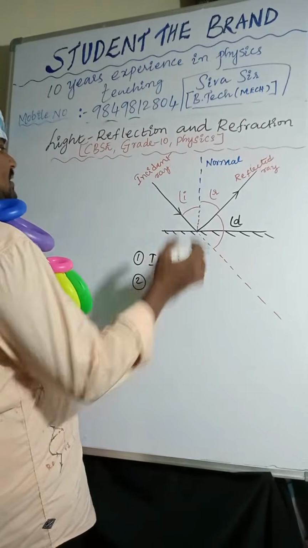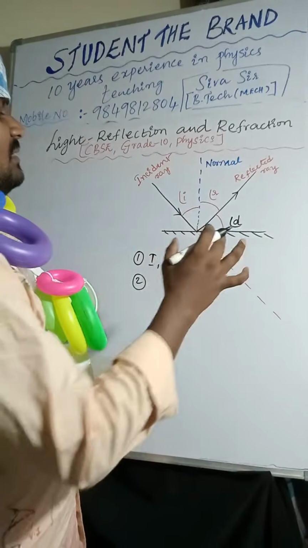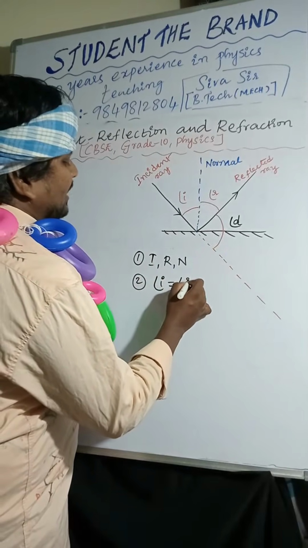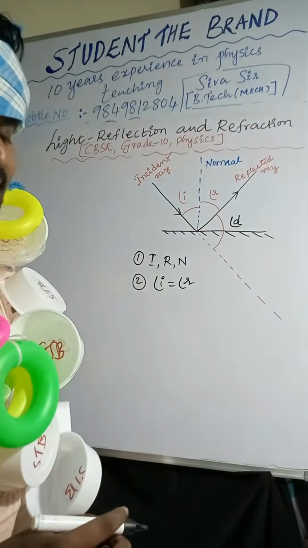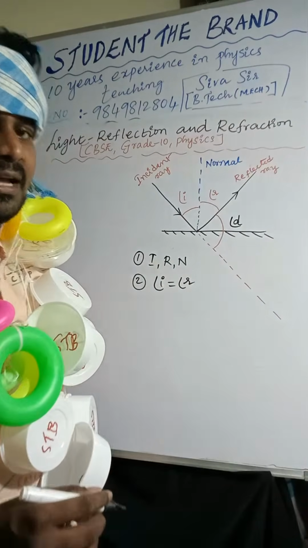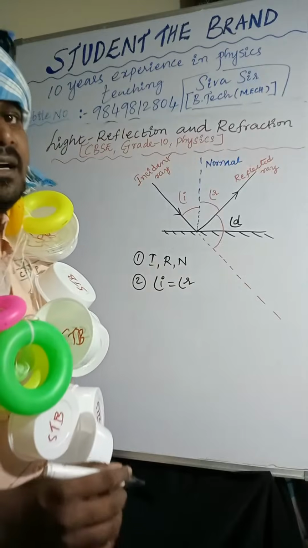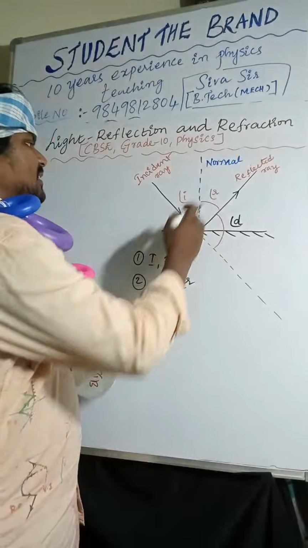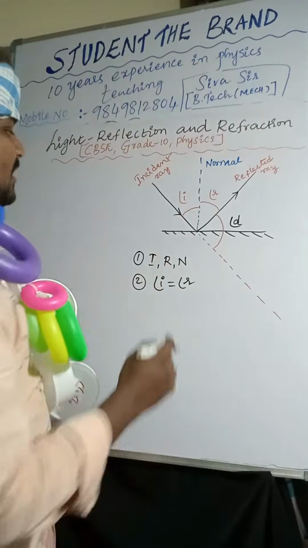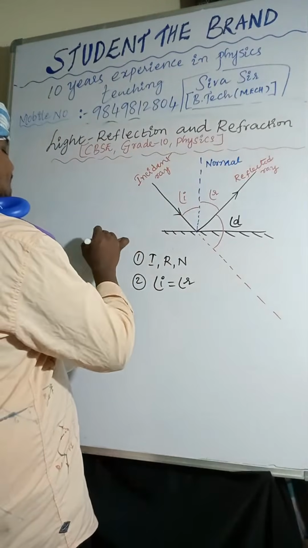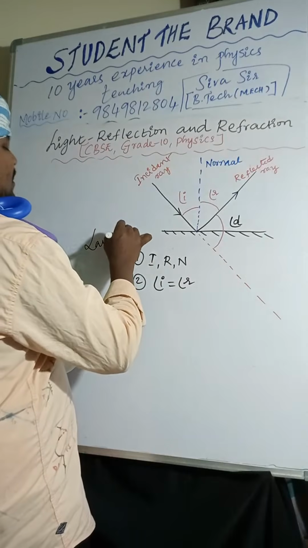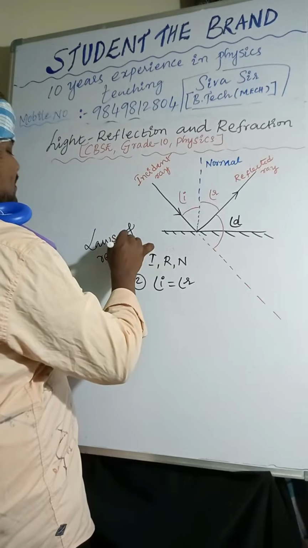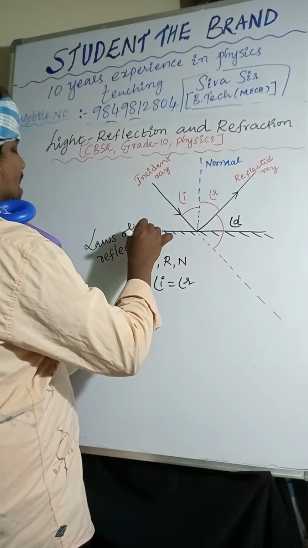The angle of incidence is equal to the angle of reflection. These are the laws of reflection.